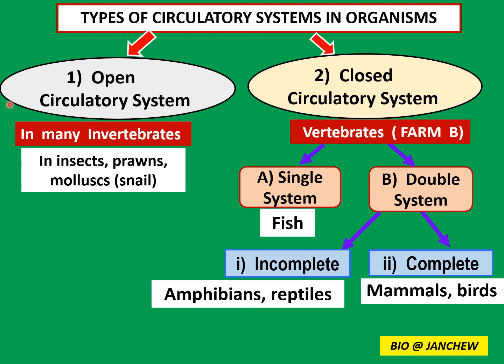So for our syllabus, we'll be studying the open circulatory system in insects, and then the closed circulatory system in fish, amphibians such as the frog, and mammals such as humans.